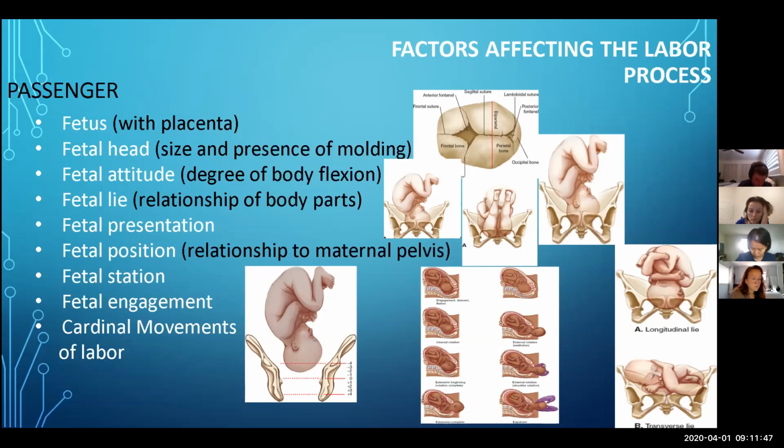Fetal presentation refers to the body part of the fetus that enters the pelvic inlet first. This is the fetal part that lies over the inlet of the pelvis or the cervical os or the cervical opening. So you might hear cervical os, it's the same as cervical opening. We must know which part is coming first at birth in order to plan and initiate appropriate interventions.